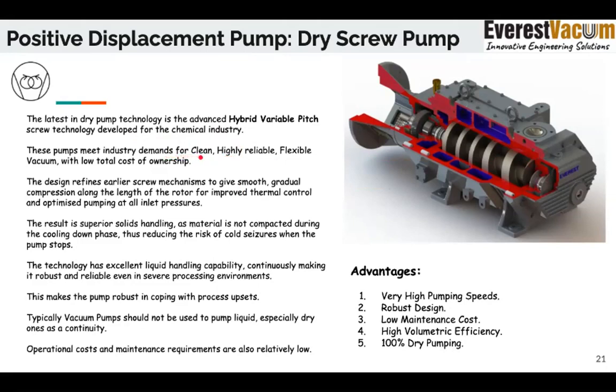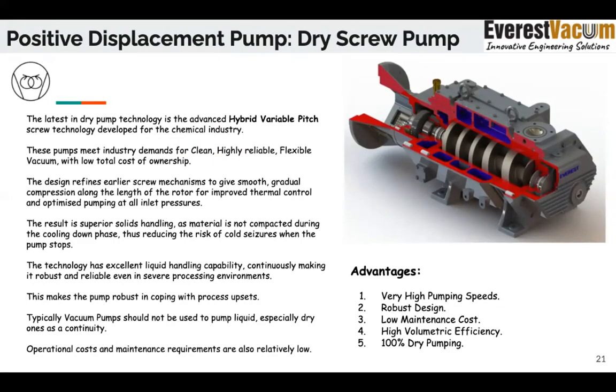This pump meets the requirement of clean, reliable, flexible vacuum with low total cost of ownership. This pump also has very good liquid handling capacities. So you can pass a decent amount of liquid through the pump without any effect on the pump.